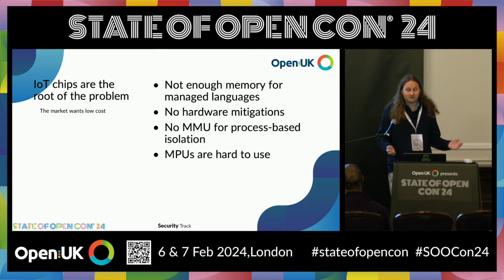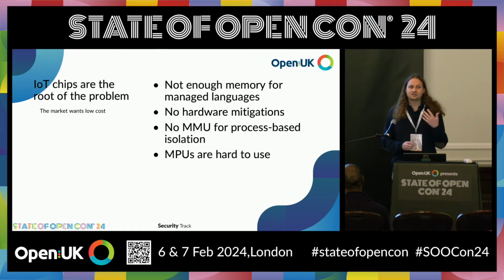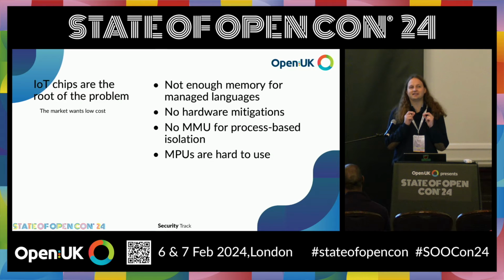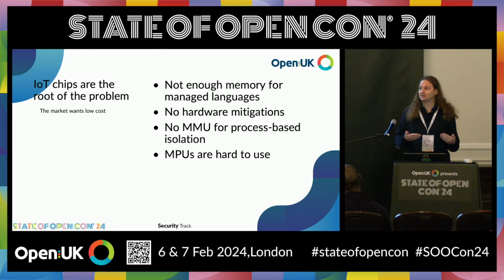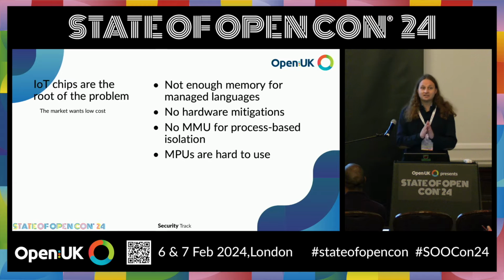So there's no space for that. And at best, you have a memory protection unit, which is the sort of thing that you'd design if you're a hardware person who really, really hates software people and wants to consume energy and give you an abstraction that is basically impossible to use. So this is the sort of problem space that we're looking at.